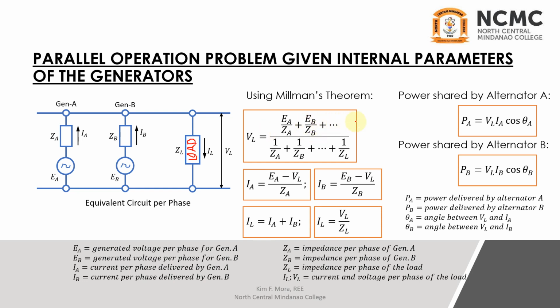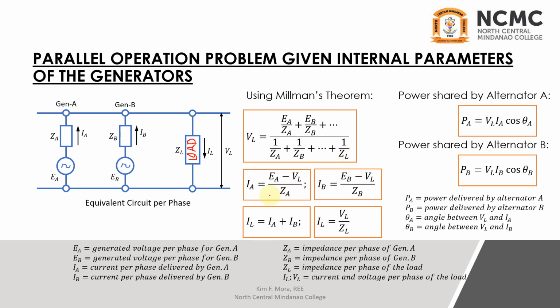Over 1 over the inverse of our impedance sa A plus inverse sa impedance sa B plus the inverse of impedance sa load, ZL.